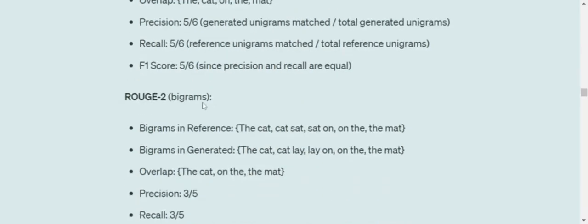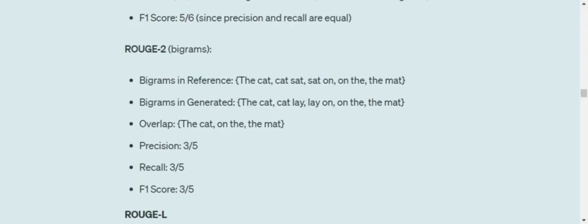ROUGE-2 is also similar to what we did in n-gram precision. ROUGE-1 and ROUGE-2 can be taken as n-gram precisions, which we did in BLEU. We first form bigrams, which are nothing but pairs of consecutive words: the cat, cat sat, sat on, on the, and so on. Then we check for overlaps, which bigrams from the generated text match the reference.